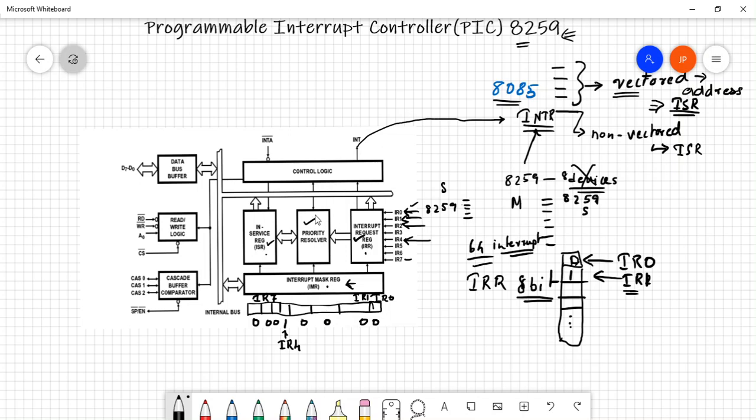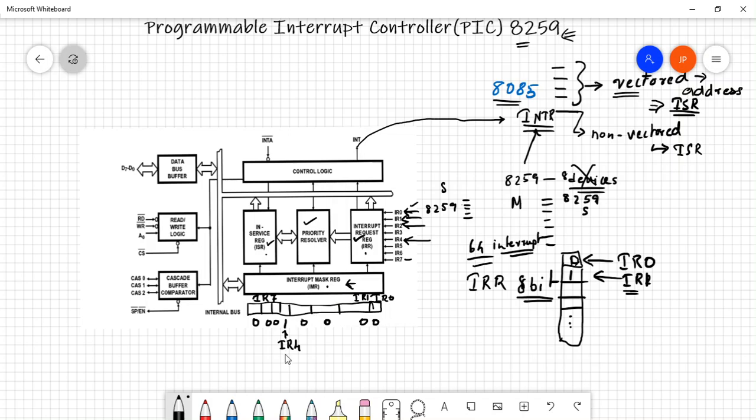So the priority resolver, when the interrupt occurs at any of the pins, if there are two interrupts that are occurring at the same time, it will first check which has the highest priority, right? Now the higher priority one will be taken up by the priority resolver. Then it goes into its second check, which is whether the particular interrupt is masked or unmasked.